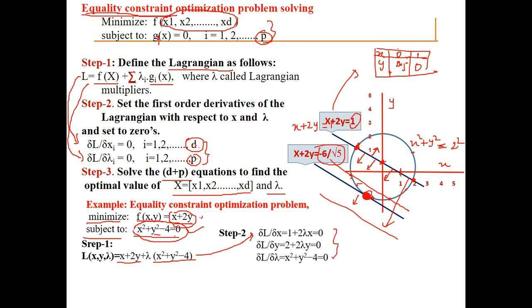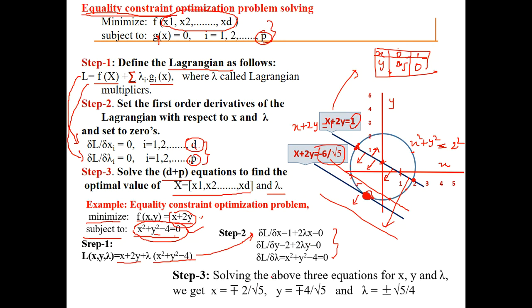That is D plus P, where D is equal to 2 variables x, y, and P is 1 constraint. Now you try to solve it. So 3 equations, 3 unknowns. By substitution or elimination method you can solve it. So you will get the solution finally, the value of x, y.